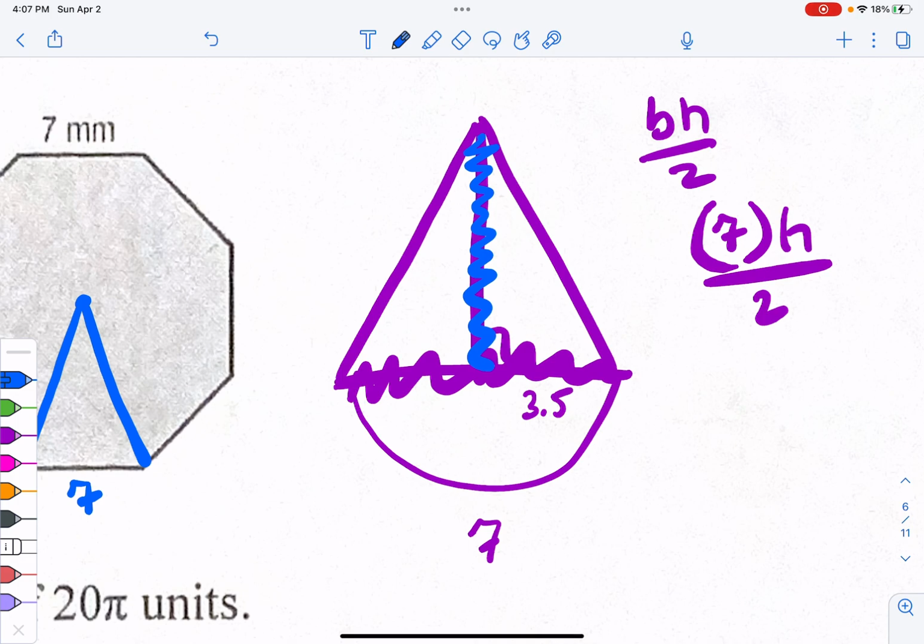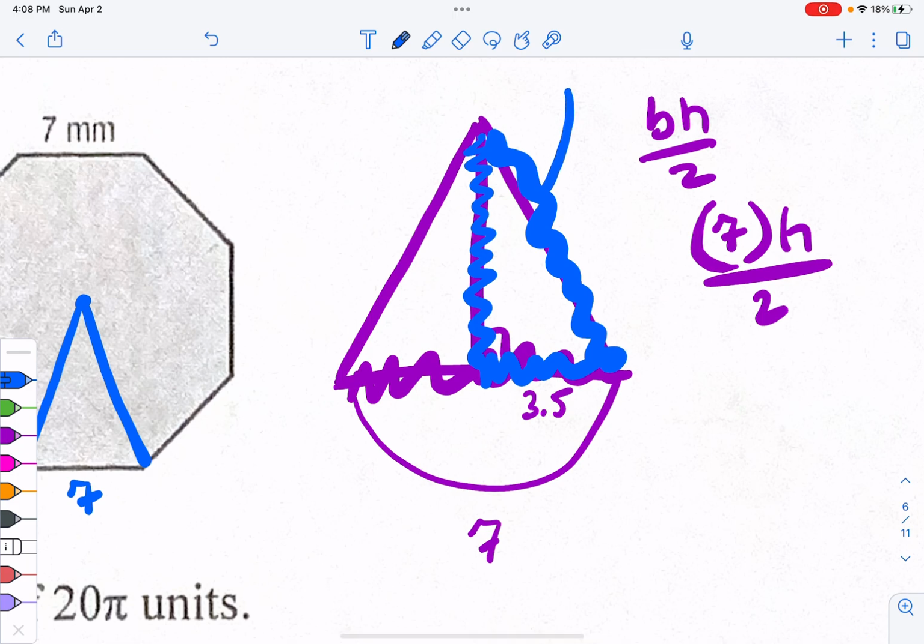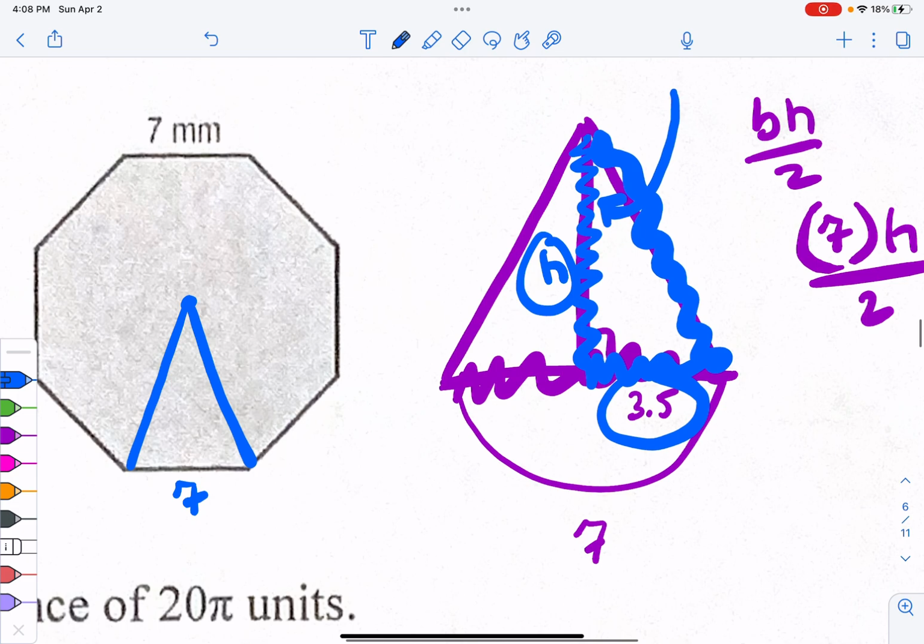So what I can do is look at this triangle right here, this one that I have highlighted in blue, and this angle. We can figure out what this angle is, and then I can use SOHCAHTOA to find out what the height is. If this bottom side is 3.5 and this is the height and that's the angle, we can figure out what the height is. Okay, so let's talk about what that angle is.